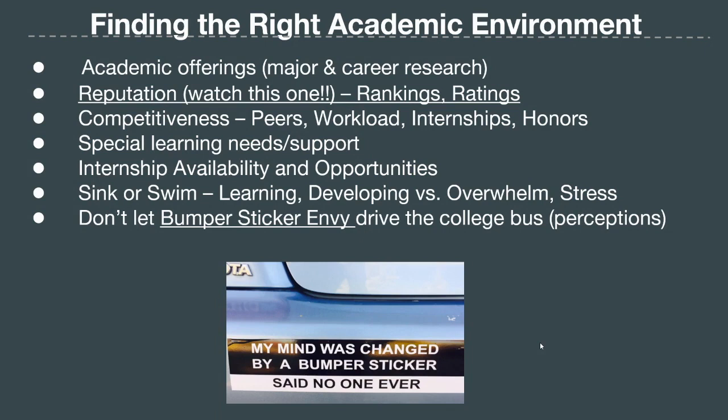So therefore, in that instance, if your child has a very specific major in mind that they're thinking about pursuing, obviously you want to use that as a criteria for identifying the schools that might be a good match for your student.